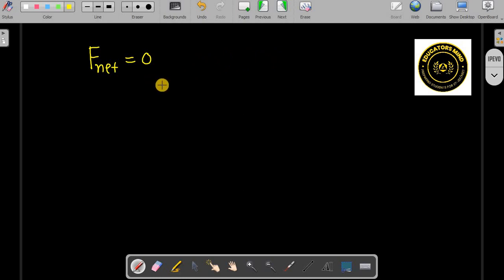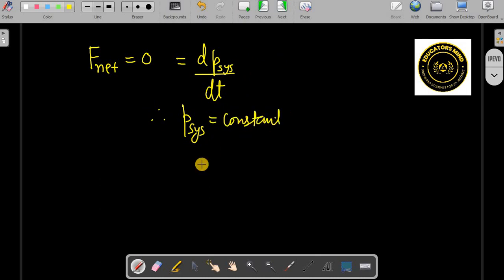That net force has to become 0, and remember this is the rate of change of linear momentum. Suppose you are taking a system, so we take the rate of change of linear momentum as 0. From here you will understand that the momentum of the system will become constant.